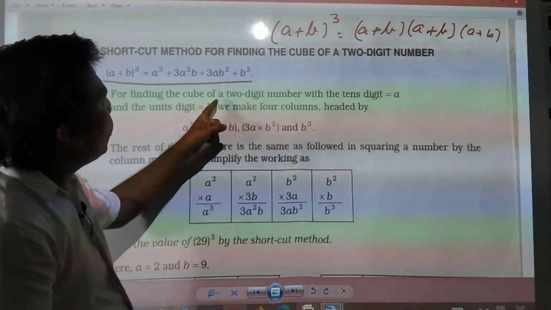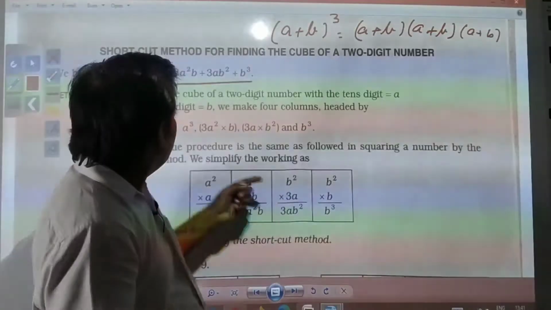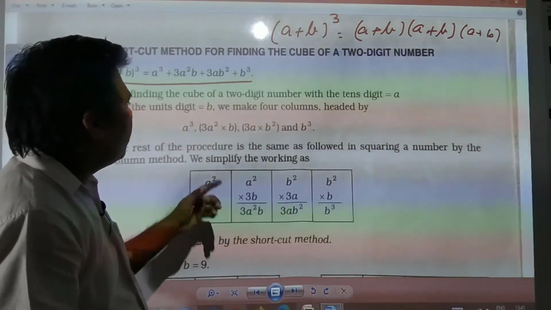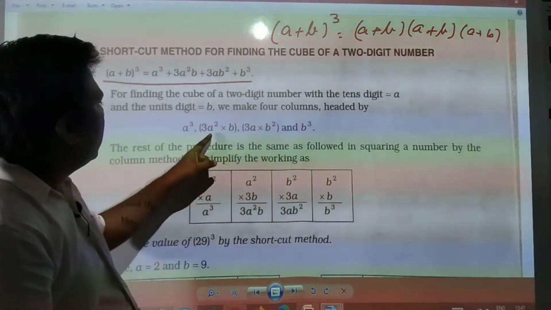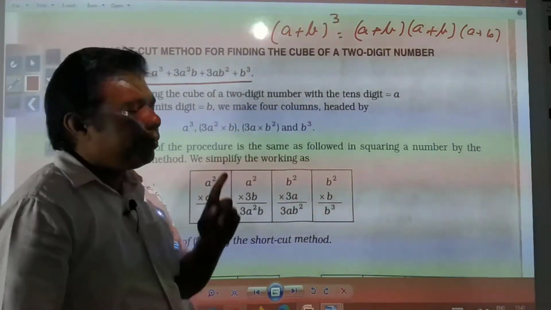For finding the cube of a 2-digit number with the tens digit a and the units digit b, we make 4 columns headed by a cube, 3a square b, 3ab square and b cube.